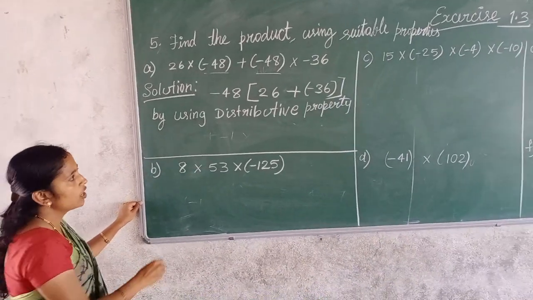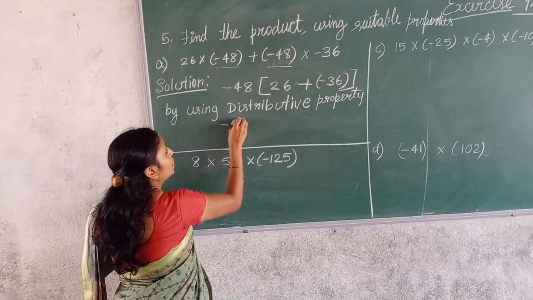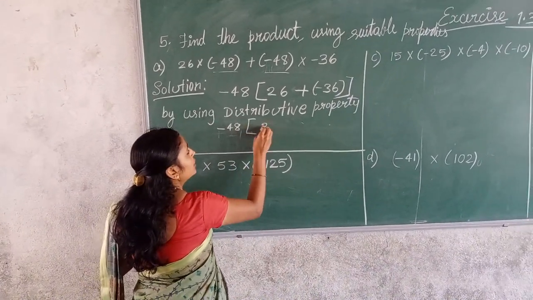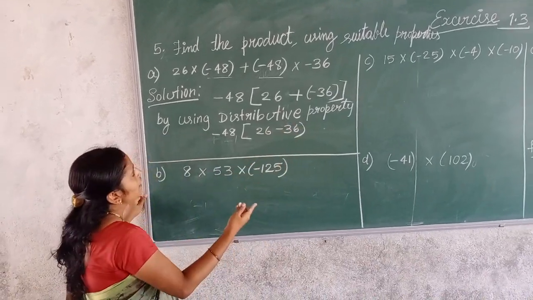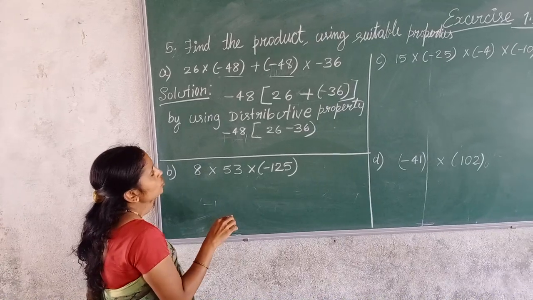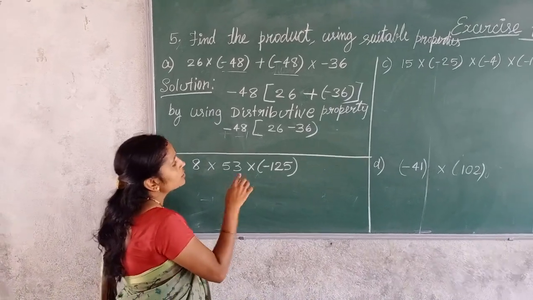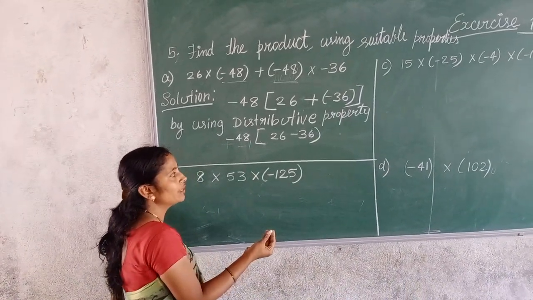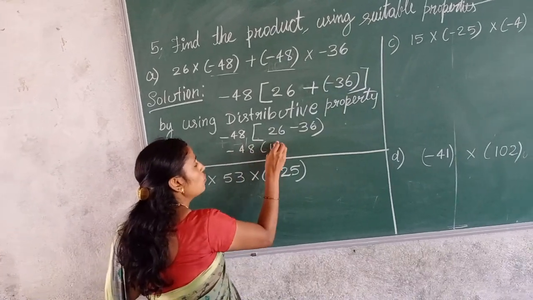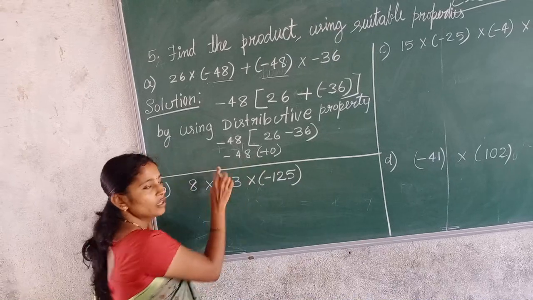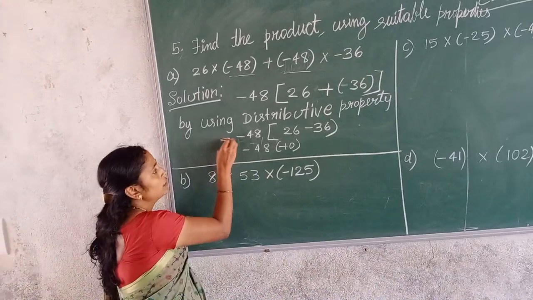Minus 48 you have taken outside. So minus 48, then 26 minus 36, plus and minus become minus. What are you going to get? 26 minus 36, you are going to get the answer minus 10. 48 into minus 10. To remove the bracket, you have to multiply.